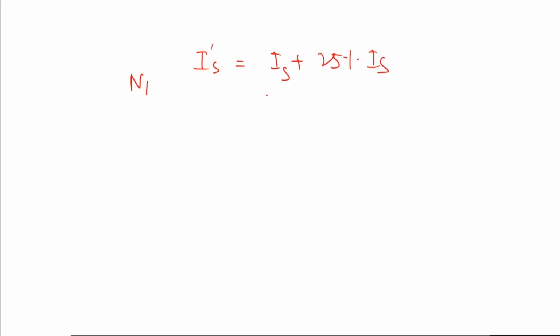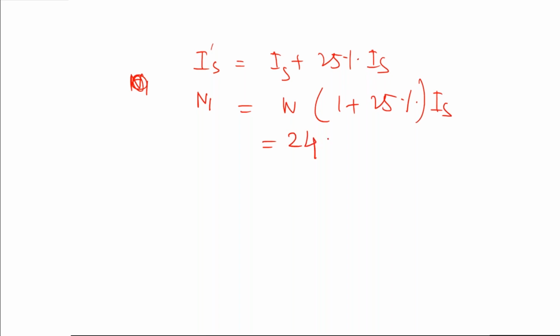So your a will be, if I write this as 1 plus 25%. 25% of this, so that means this is actually 24 given already.